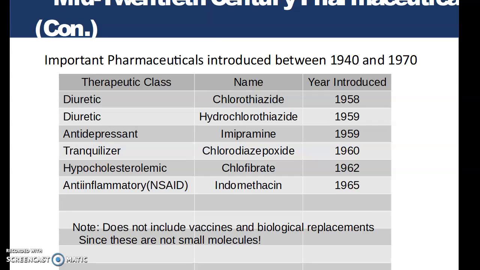It didn't go into general practice until about 1800. Also, insulin, to take care of a deficiency in the body, didn't occur until 1921. But I did not include vaccines or these biological replacements since they're not small molecules.